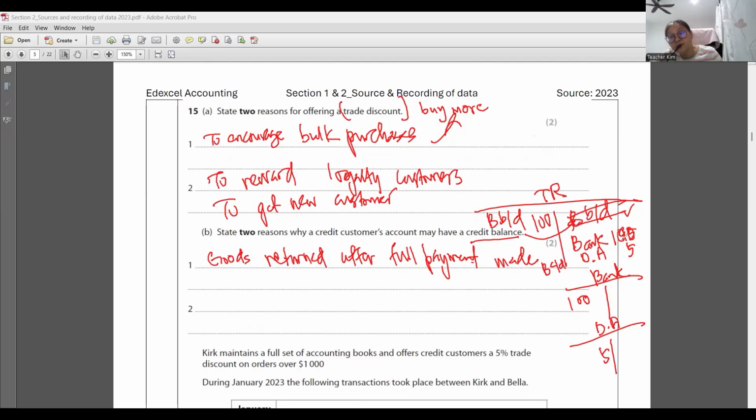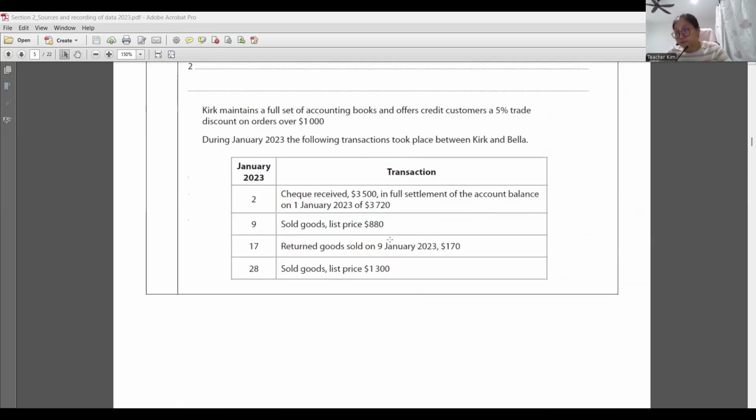So this will cause the balance BD on the credit side. So the example here is when there is an overpayment made by the customer. Okay, the next one.